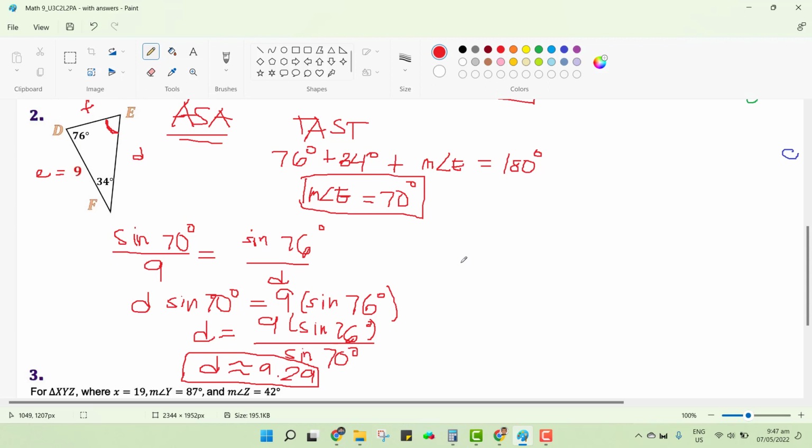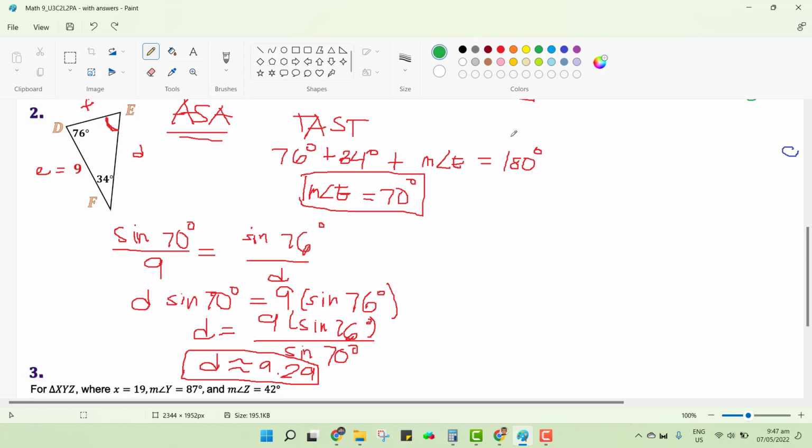So again, as suggested, you may use D, but if there are errors, it's safe to use what is given here. So you could use here sine 70 degrees all over 9 for angle E and side E is equal to sine 34 degrees all over F. And then apply everything.